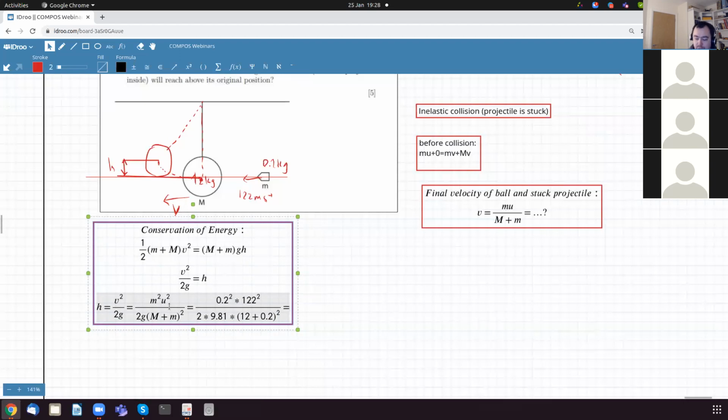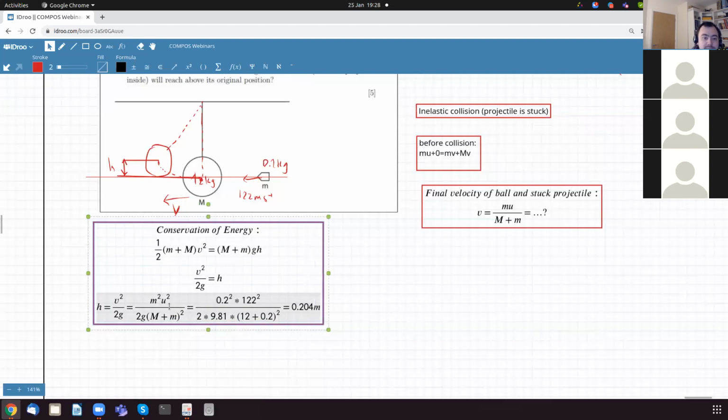That's 0.204 meters. So 20 centimeters, 20.4 centimeters. All right, any questions here?